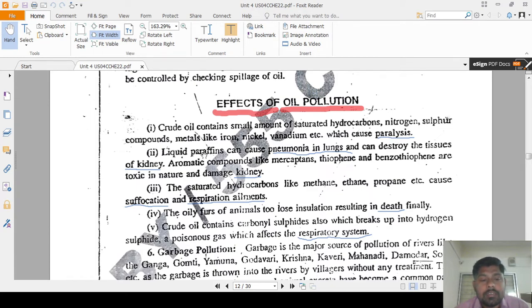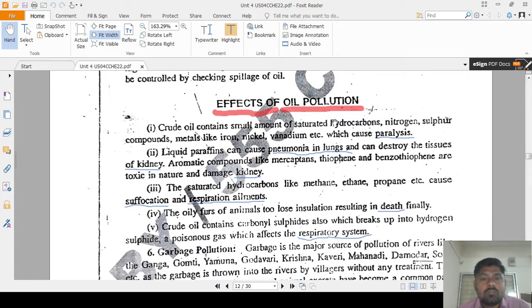Sometimes liquid paraffins can cause pneumonia in the lungs and destroy the tissues of the kidney. Some aromatic compounds, you have to remember all these compounds, like mercaptan, which is in LPG, thiophene and benzothiophene, are toxic in nature and also damage the kidney.